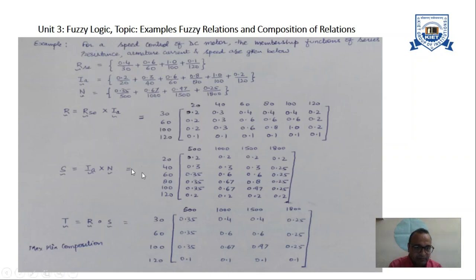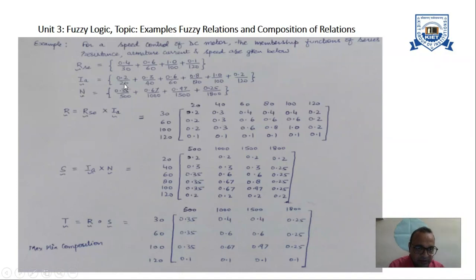Further, I am trying to make a Cartesian product of the second and third fuzzy sets, and that again will be based on the concept of finding the minimum membership value of the elements in the ordered pair.